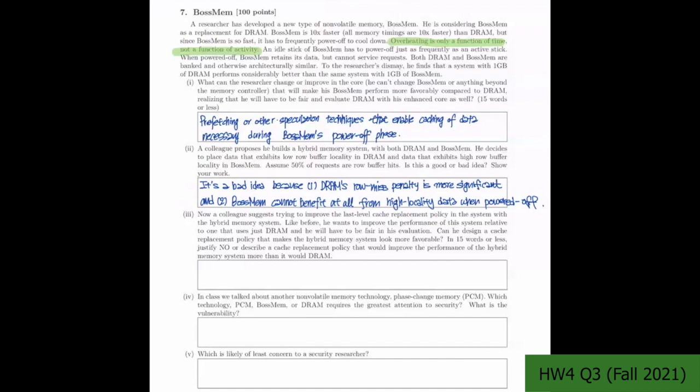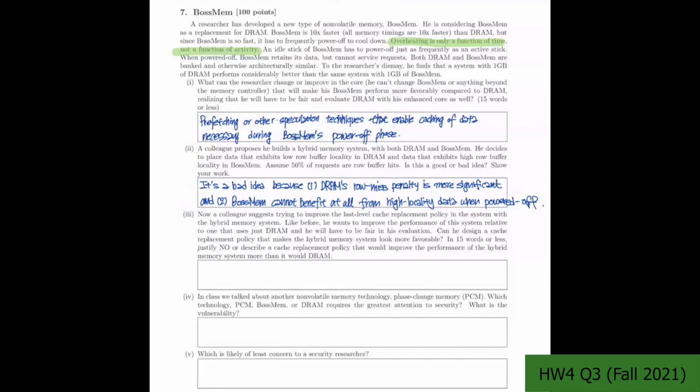So again, this question is also asking for just explaining the idea very briefly, using less than 15 words. Okay. So the main drawback of BossMem is purely power-off, and we can mitigate the penalty by avoiding accesses to BossMem during the power-off phase as much as possible.